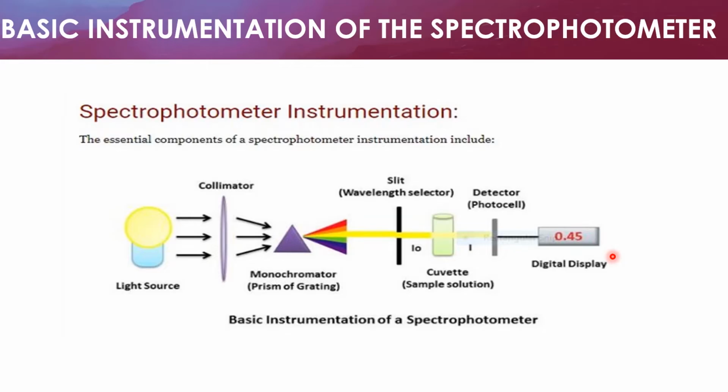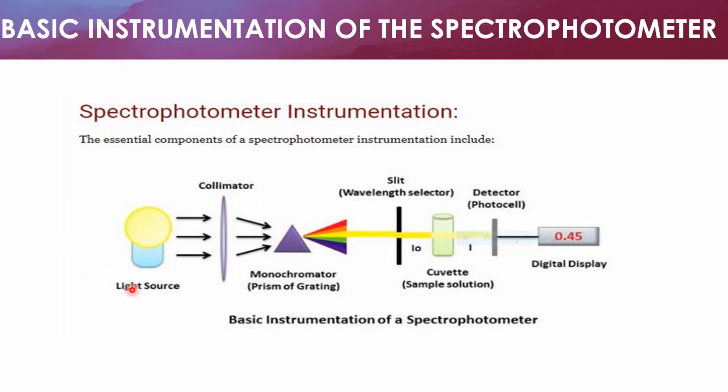So from this basic instrumentation, we can see that this is the sample compartment that separates the photometer from the spectrometer. The importance of the sample compartment is to hold our sample contained in our cuvette for measuring the absorbance value.